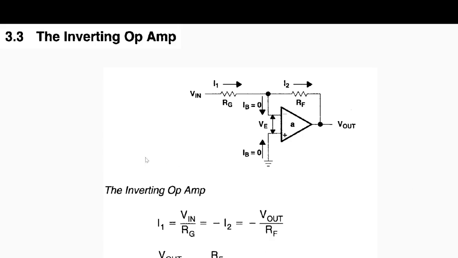So this is the basic equation of an inverting op-amp. Any questions you have relating to these equations, please ask now or in further office hours, lecture, and lab time. So let's carry on.